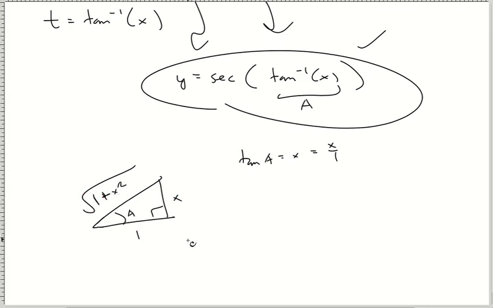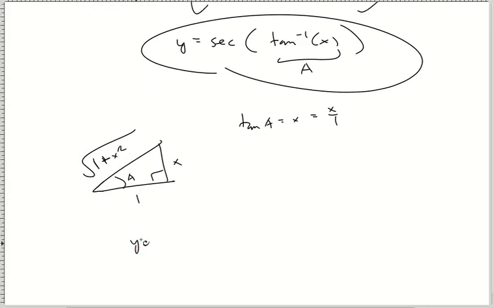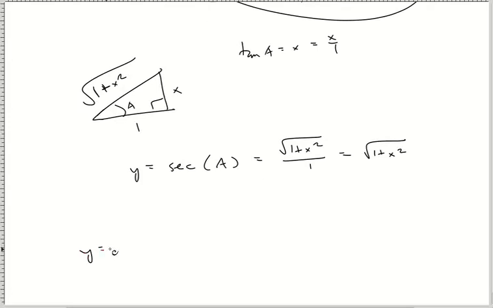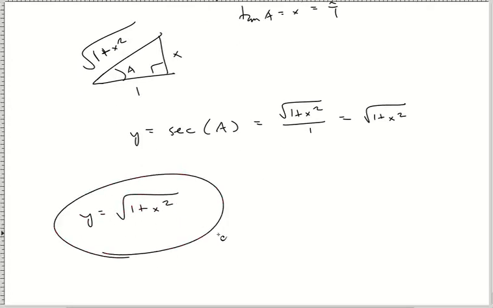Now, they're wanting the secant of A, which, as you know, is the hypotenuse over the adjacent. And so then we get this square root thing here. So I've now got y equals the square root of 1 plus x squared. That might work. They're going to want to do a little bit more math.